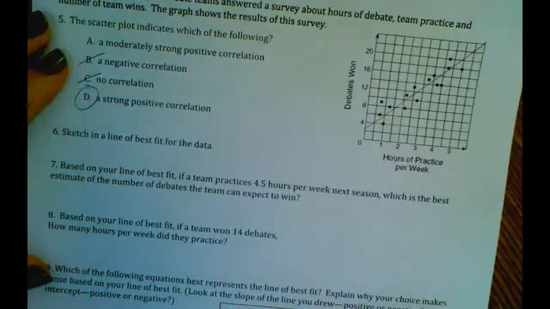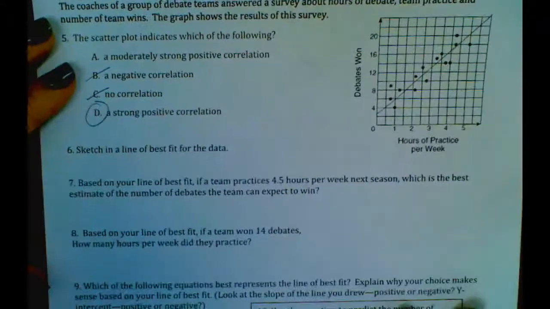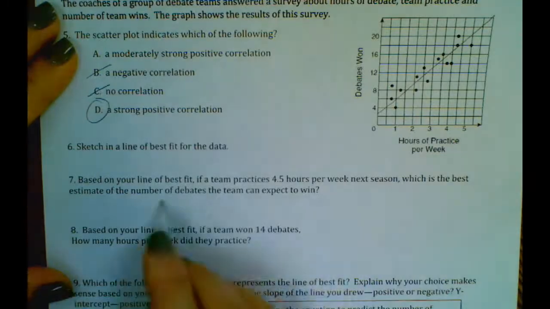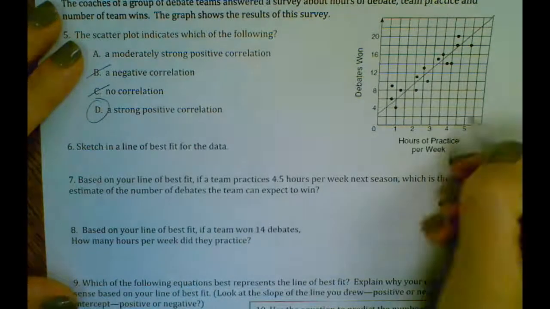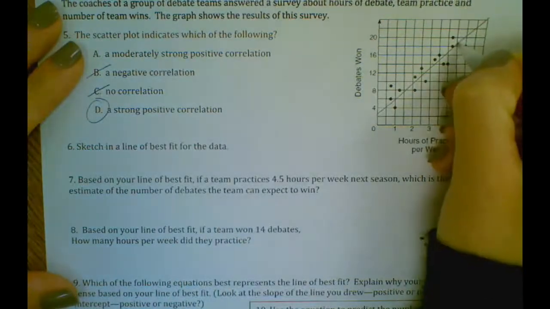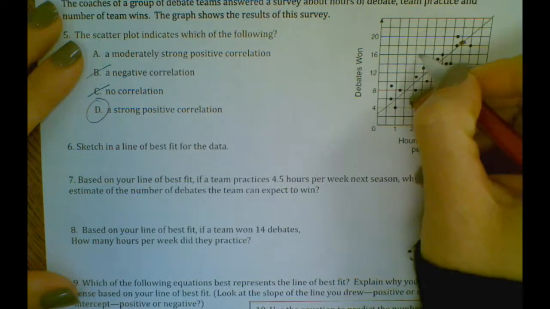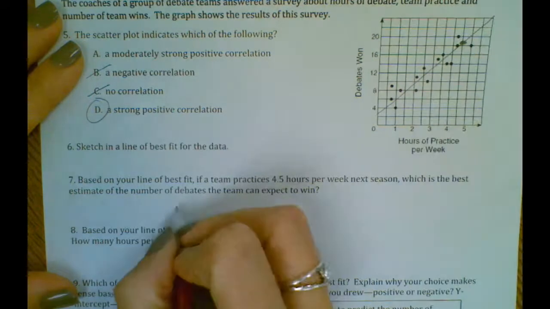Okay, it says based on your line of best fit, if a team practices 4.5 hours per week, what is their estimated number of debates that they'll win? So if we go to about 4.5 and we go up, it looks like they would win about 18 or 19.